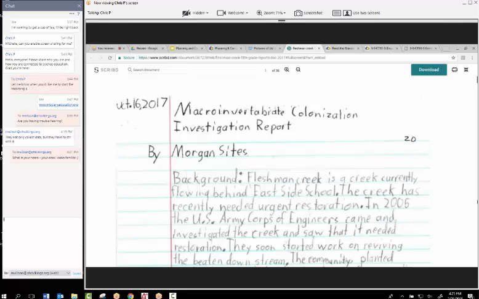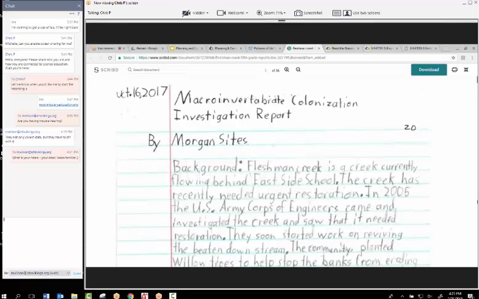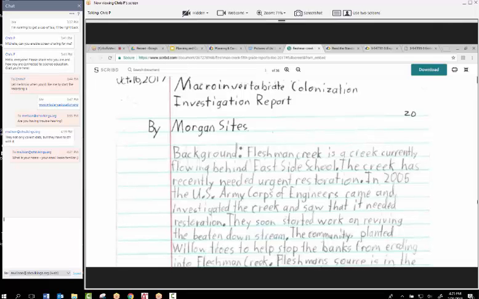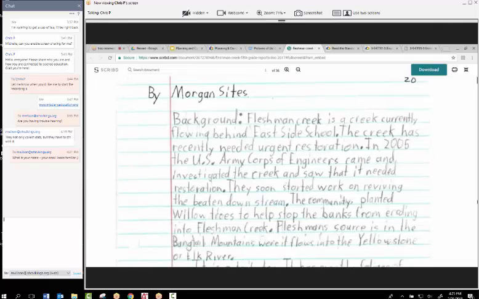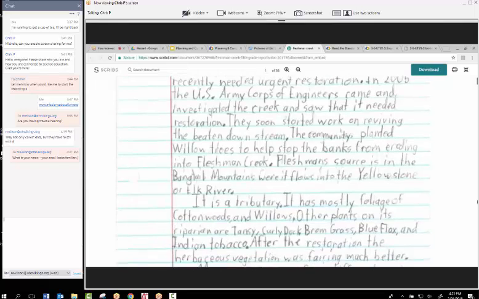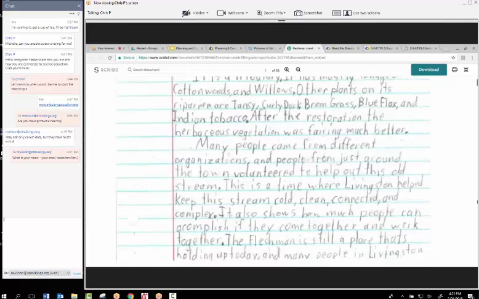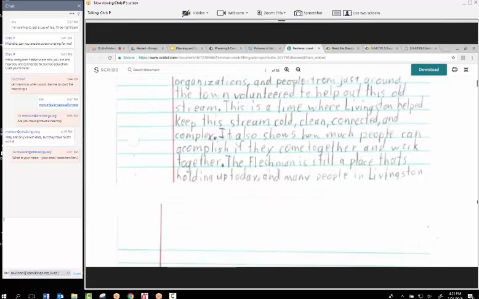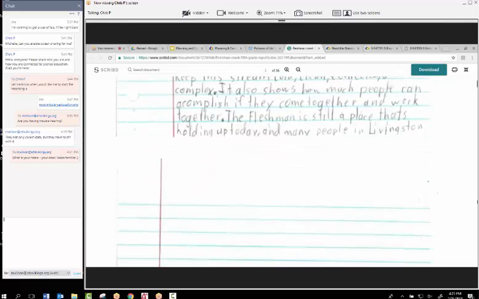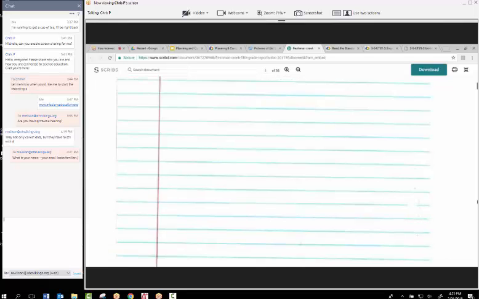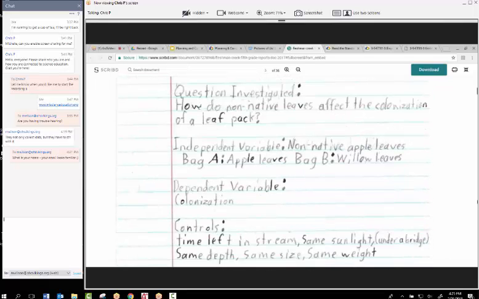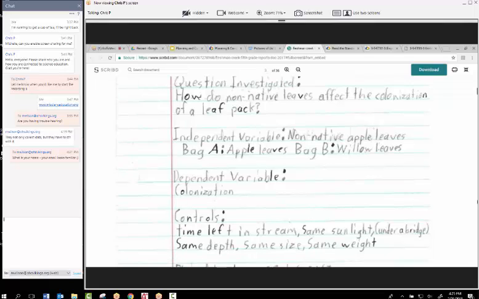And so this was just what worked for me at my site. And I'm going to go kind of slowly, but also not necessarily slow enough for you to read the whole thing because they're giving you background information on Fleshman Creek in Livingston. And then we have, they have the question, the independent variable, the dependent variable, and the controls.